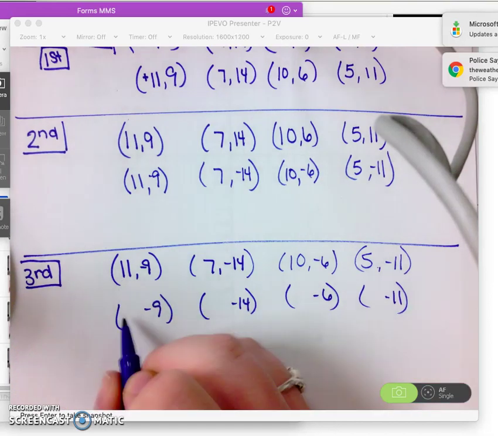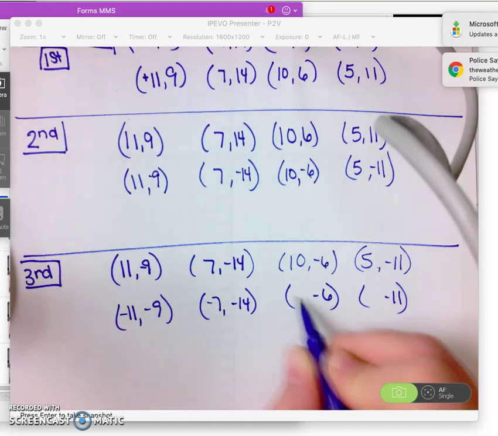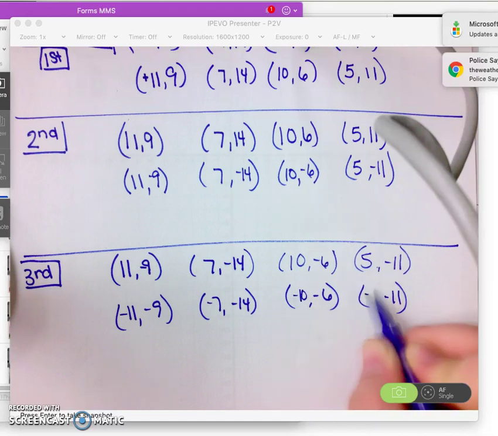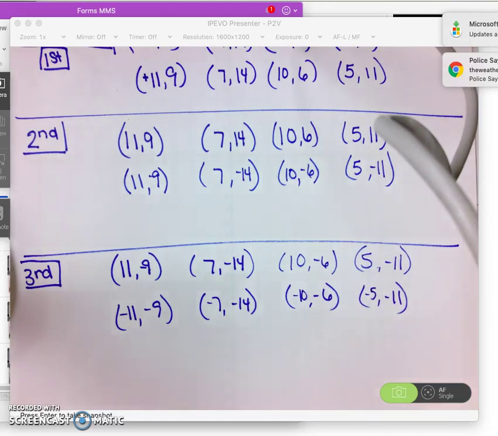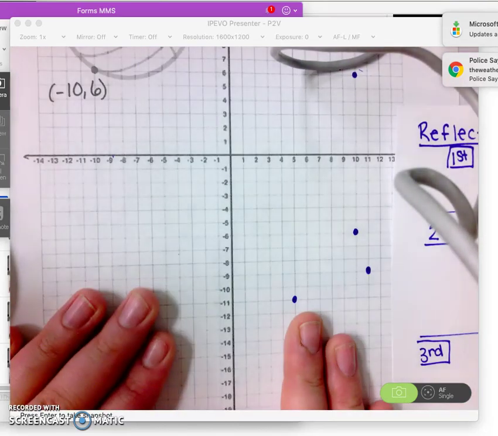All of the x's become the negative. So negative 11, or the opposite, sorry. And that will be in this quadrant, every single one of those points.